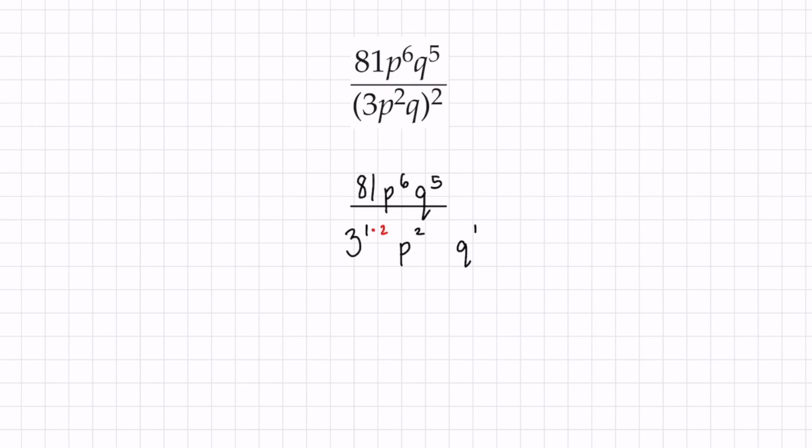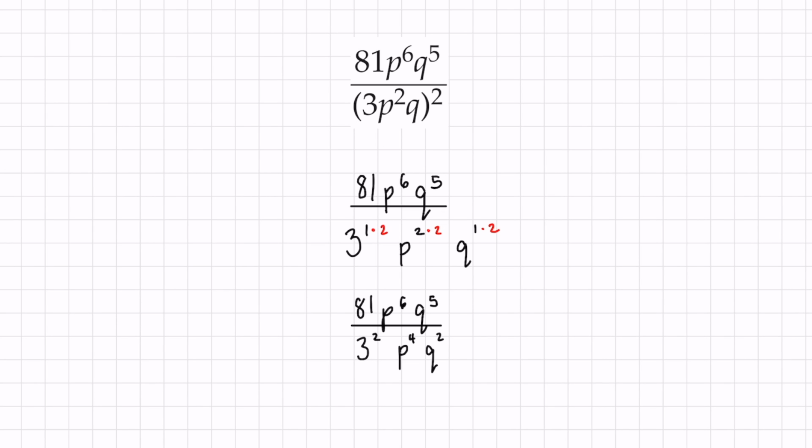So I'm going to times that by 2, times that by 2, times that by 2, rewrite and simplify. 81, P^6, Q^5, and then the bottom turns into 3 squared, because 1 times 2 is 2, P to the 4th power, and Q, 1 times 2 again, is 2.